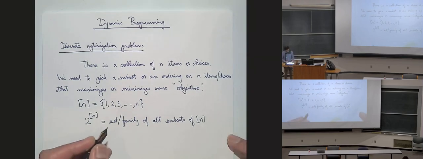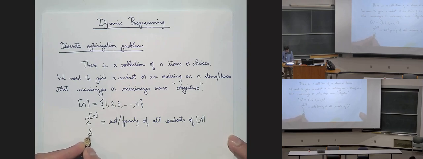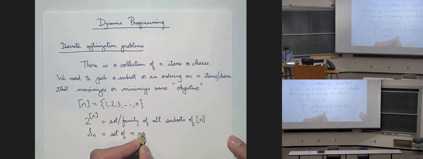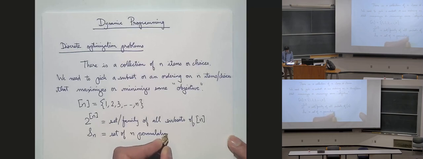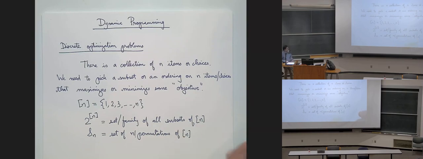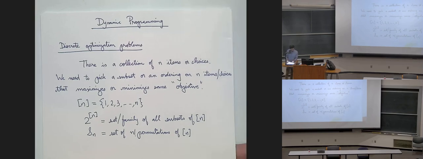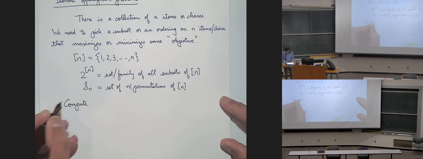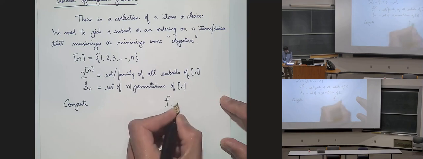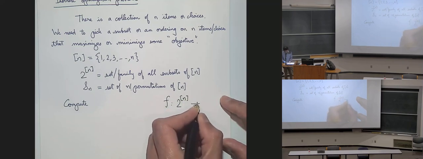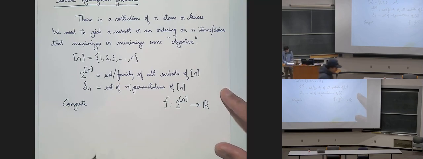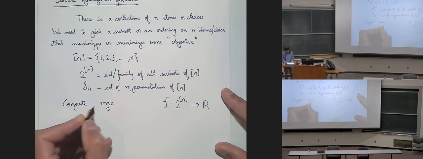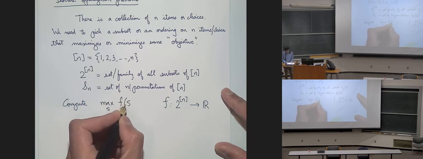So it could either be that, or sometimes you also have this set, which is the set of the n factorial permutations of this. So these are sets, and usually what you want to do is compute, suppose you have some function, maybe even to real numbers, and you want to compute, let's say, the maximum over s of f of s.